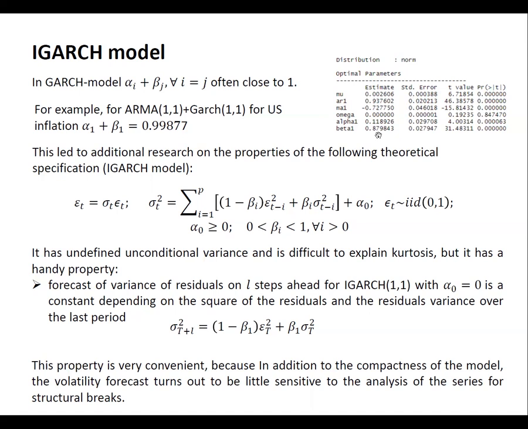That is, alpha plus beta gives approximately 1. Here is the property that is very common for the GARCH model. This empirical property led to additional research on the properties of the next theoretical specification, and this specification was called the IGARCH model, integrated GARCH.